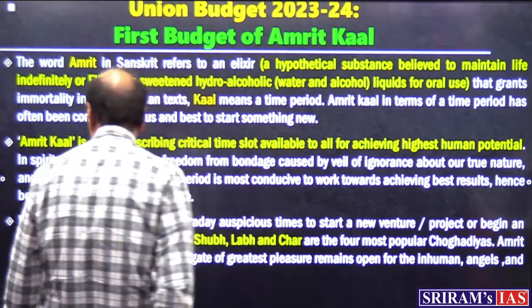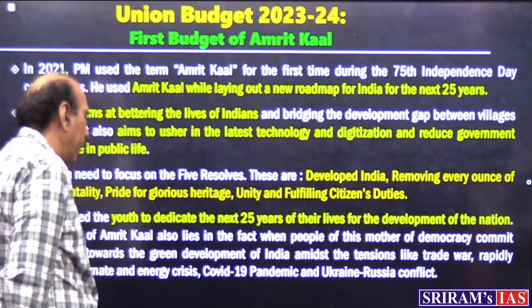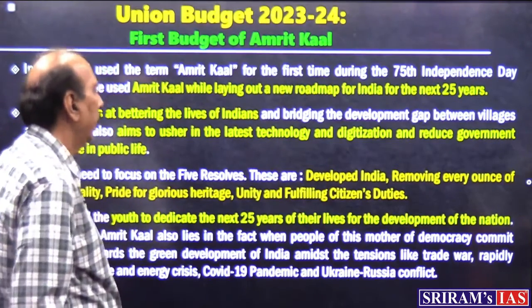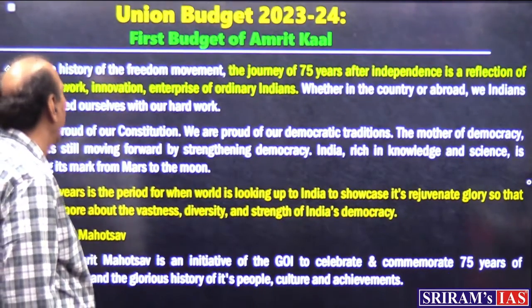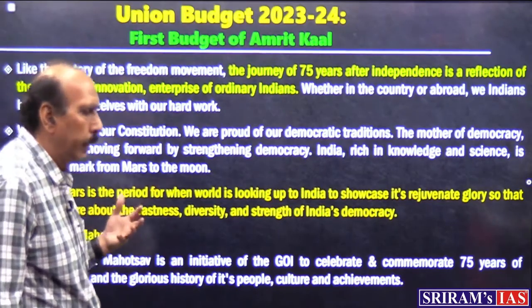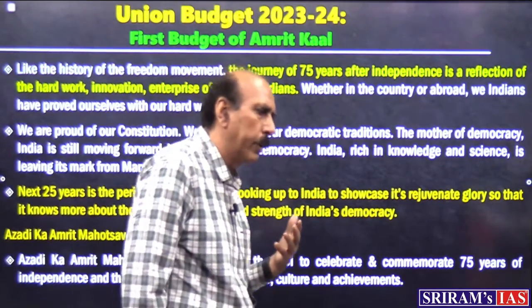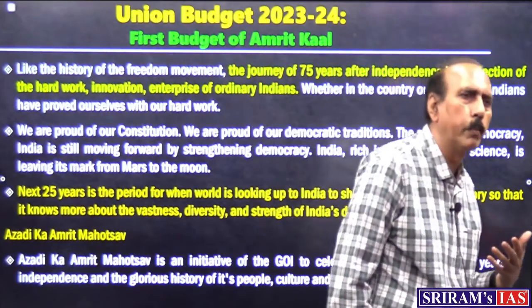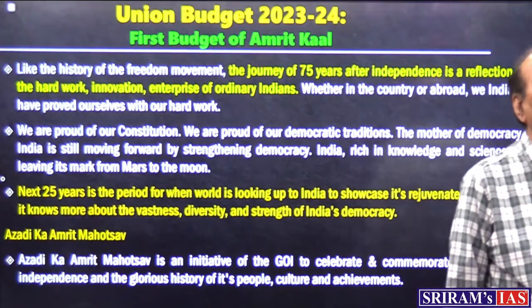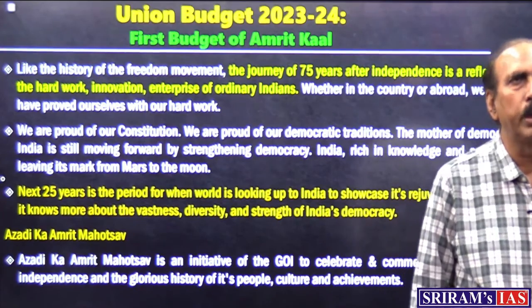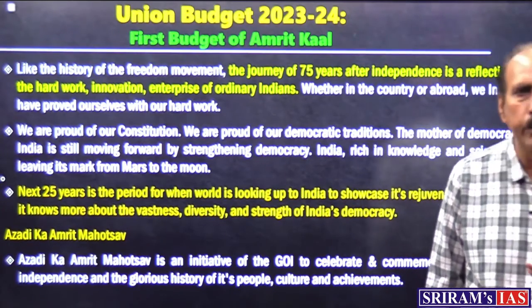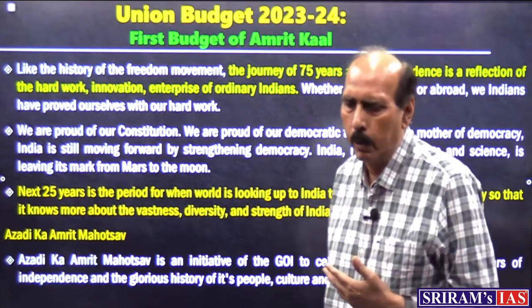The Amrit Kal is defined for the next 25 years, and this is what we are expecting to present. Now, the first time this term Amrit Kal was used by the Prime Minister was in his Independence Day speech in 21.